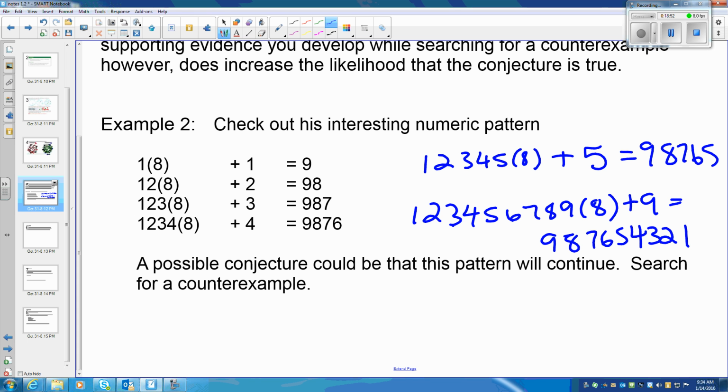Oh, once you hit 10 and it starts going to decimals, and not even in the right order. Oh.